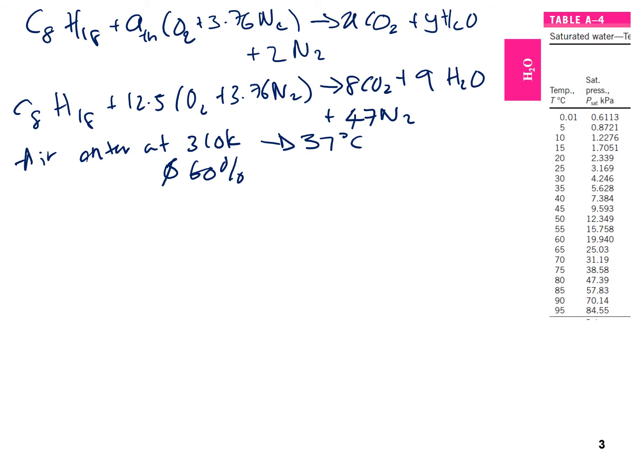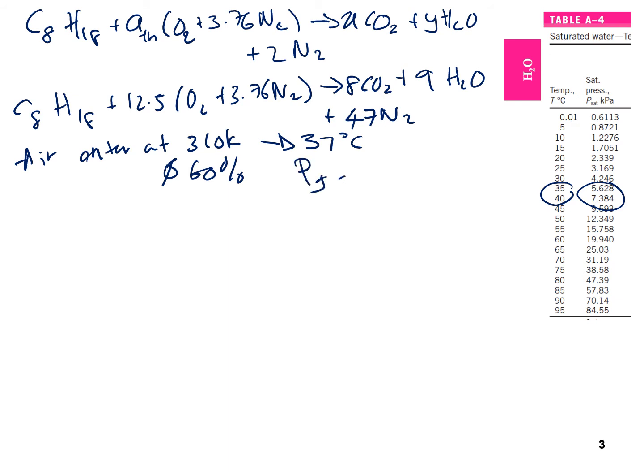Here you have to interpolate. Interpolating between 35 and 40, the fraction is 0.4, so 7.384 minus 5.628, times 0.4, plus 5.628, gives 6.33.